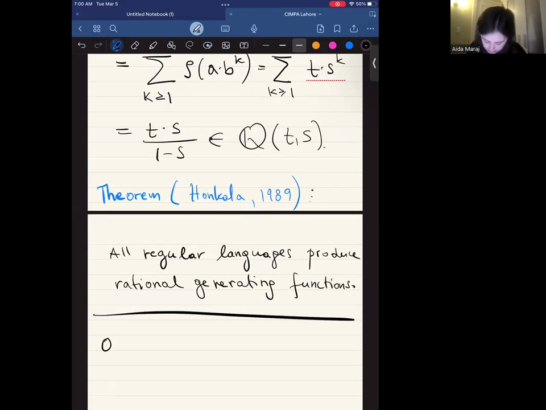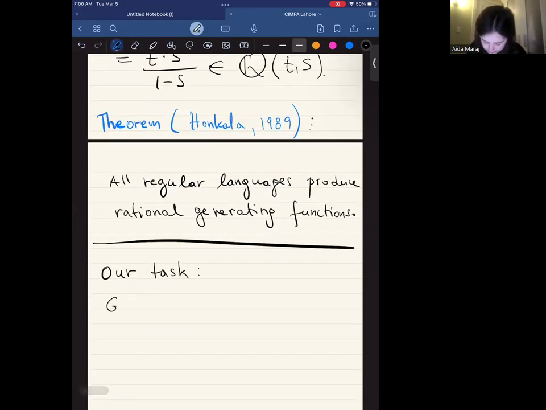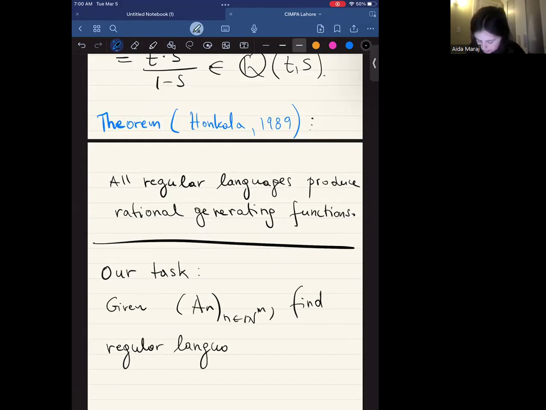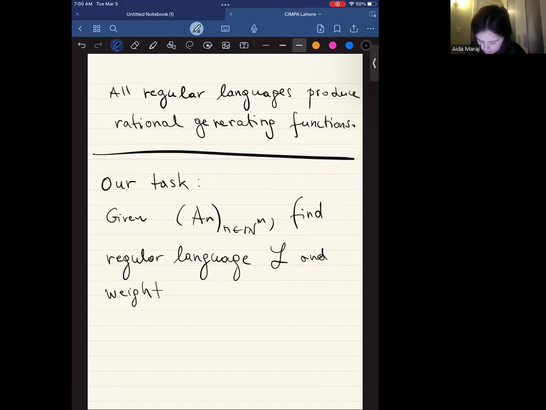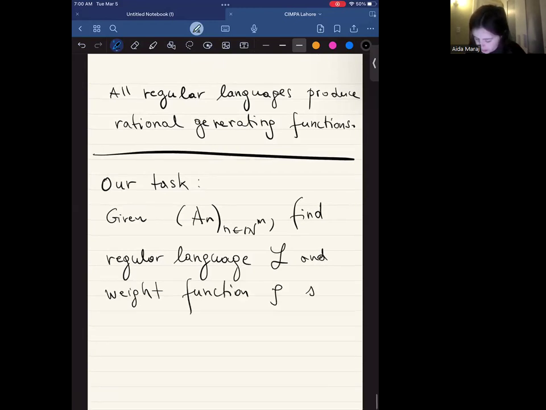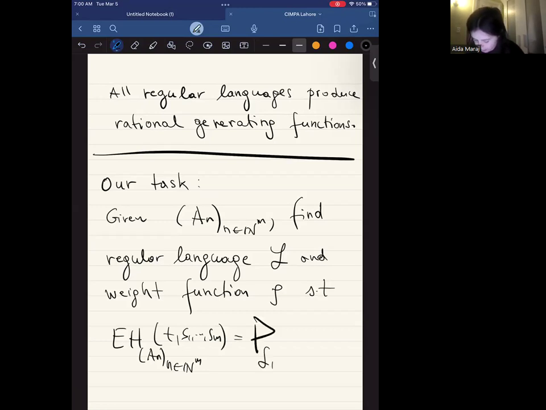So our task is now, given some a_n for n in N to the m, find a regular language L and weight function rho such that the equivariant Hilbert series of this a_n for n in N to the m, in t, s_1, ..., s_m, is equal to the power series of this L, rho, t, s_1, ..., s_m.